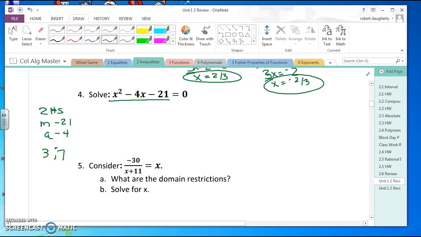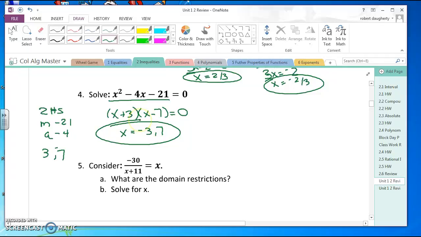Those numbers multiply to negative 21 and add to negative 4. So I can go straight to my solution. This is x plus 3, x minus 7 equals 0. So x is equal to negative 3 or positive 7. Note there that I had a 1 in front of the x squared. That meant I didn't have to do the factor by grouping. Once I got the two numbers that satisfy the multiplication and addition, I could go straight to my answer.